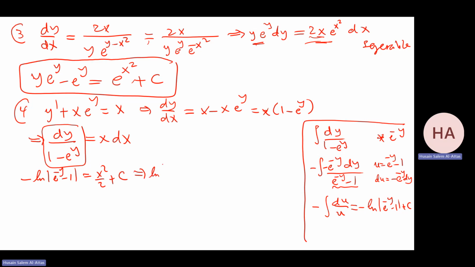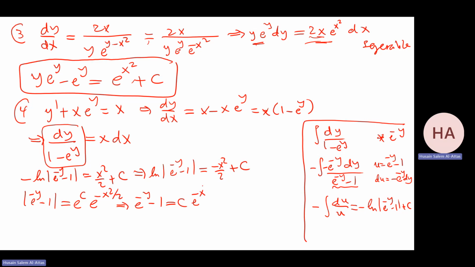I have ln|e^(-y) minus 1| equals minus x squared over 2 minus c, also I will call it c. So I have the absolute value |e^(-y) minus 1| equals e^c e^(-x squared over 2). I'll do the trick, plus or minus e^c for the absolute value. So I have e^(-y) minus 1 equals c e^(-x squared over 2).